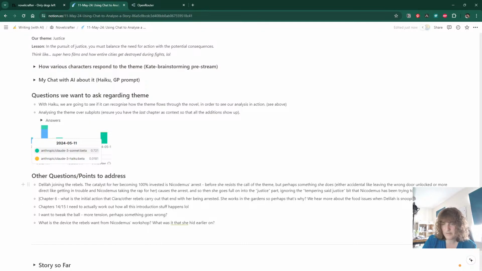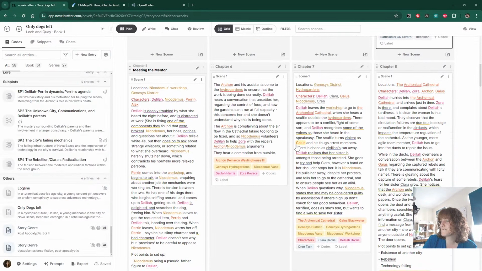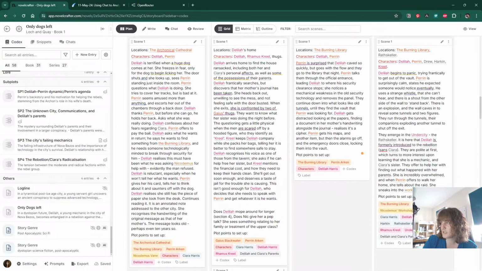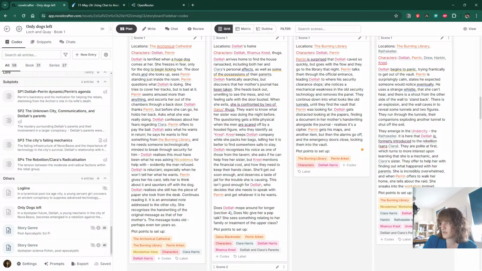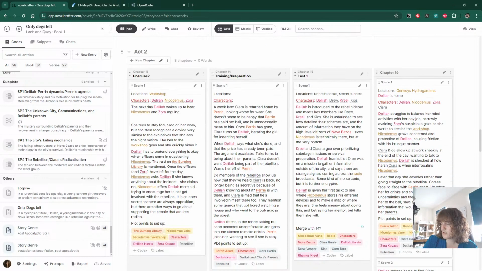Message retracted. Delilah joining the rebels, the catalyst for her becoming 100%. Okay. I think I'd already addressed that. Yeah, I think I'd already addressed that.